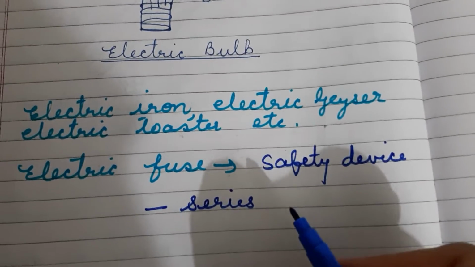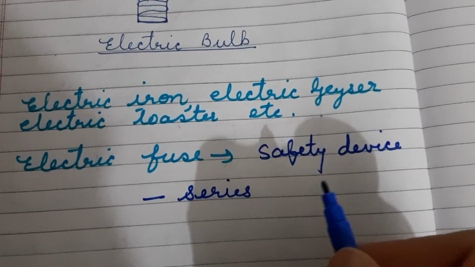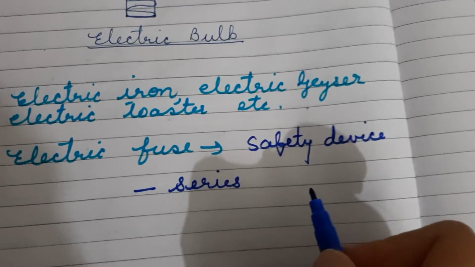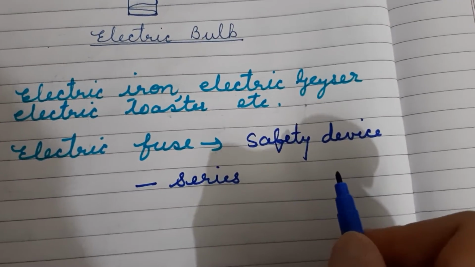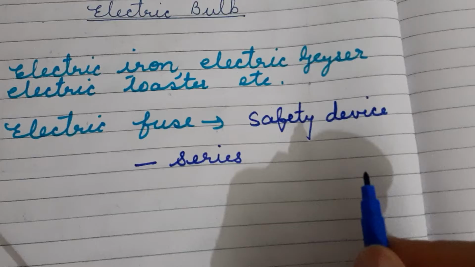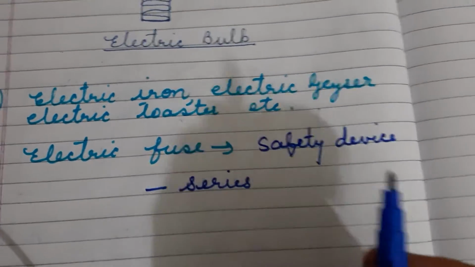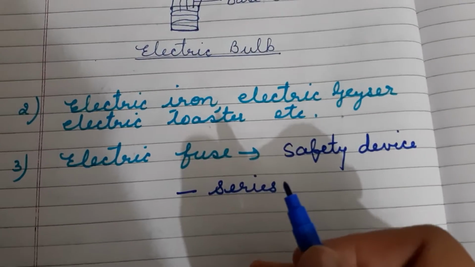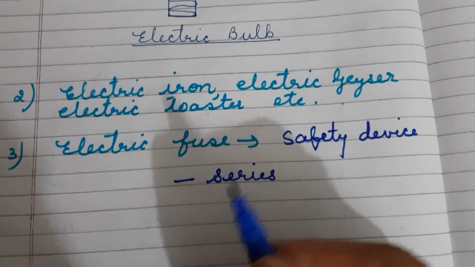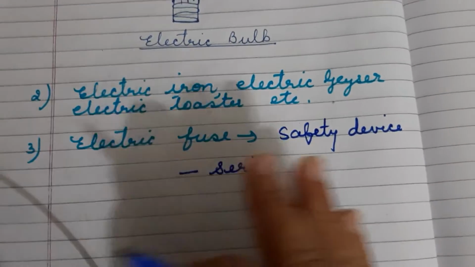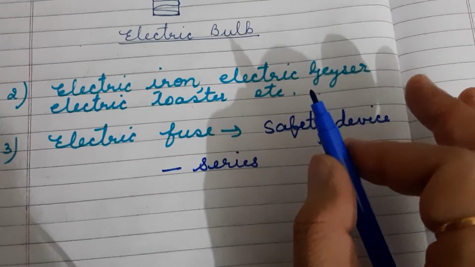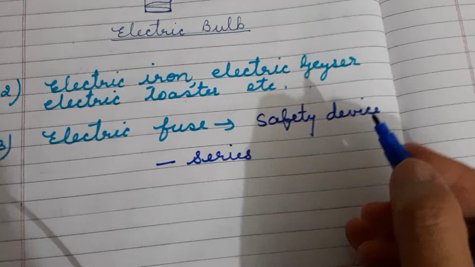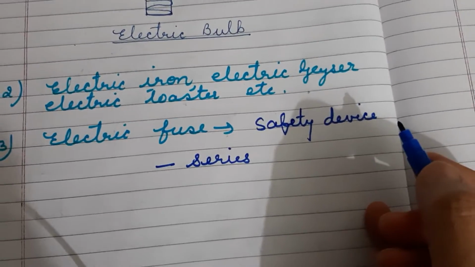The fuse wire is made up of a metal or an alloy which has a low melting point. So what happens when the amount of current increases from its normal level? Then it melts and breaks the circuit.